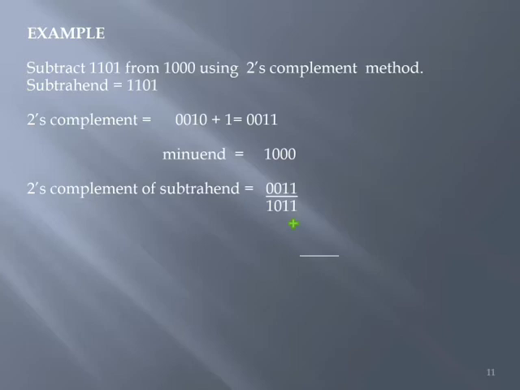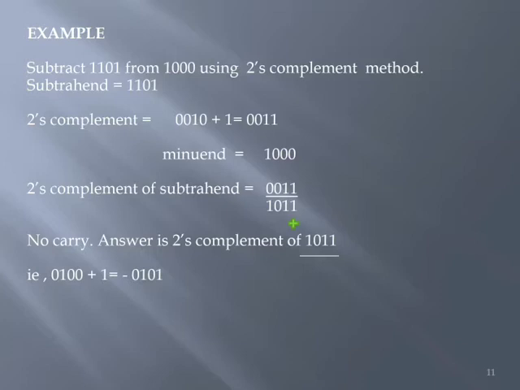In order to get the difference, you need to first do the 2's complement of the result after addition. Doing the 2's complement of 1011 will give you 0100 plus 1, which is nothing but 0101, and you need to append a minus sign.